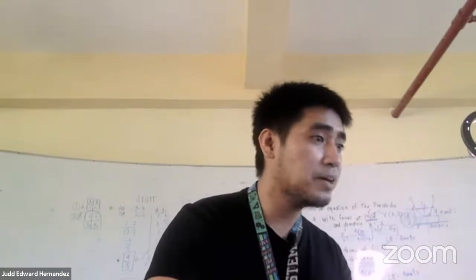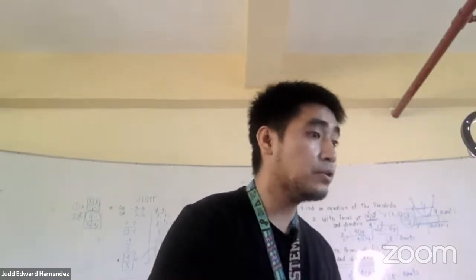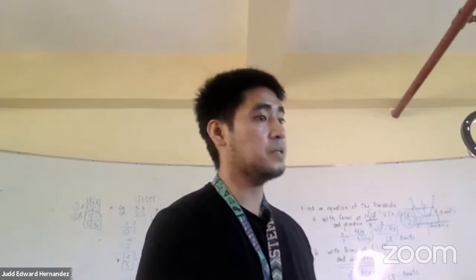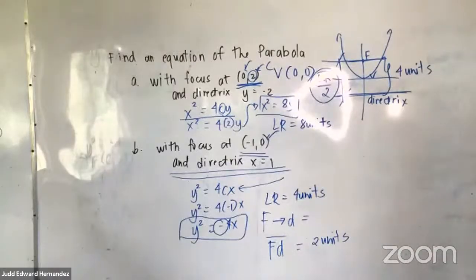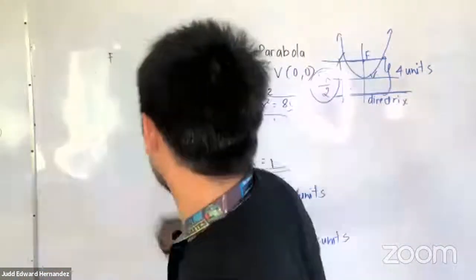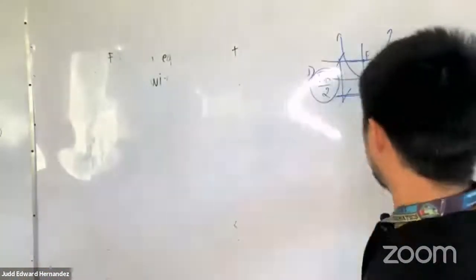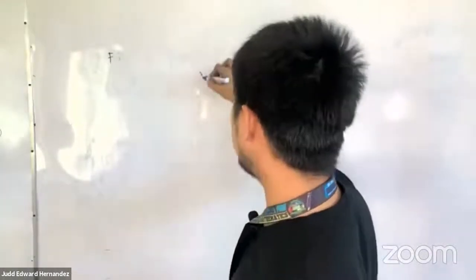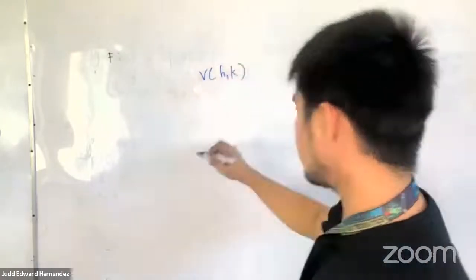Okay, any questions regarding parabola? So, let me briefly go over our equation if we are given the vertex. If we are now given the vertex, let's say our vertex is located at (h, k).